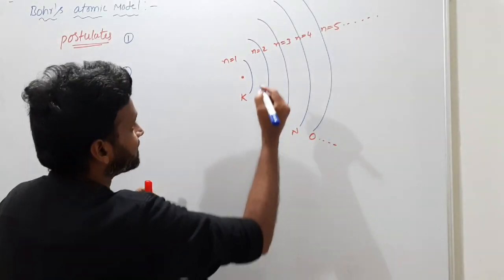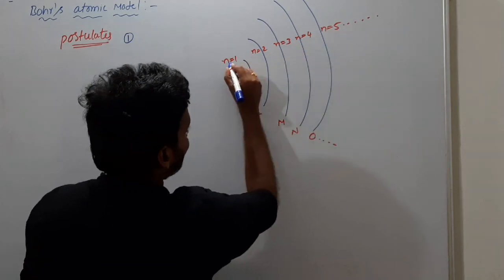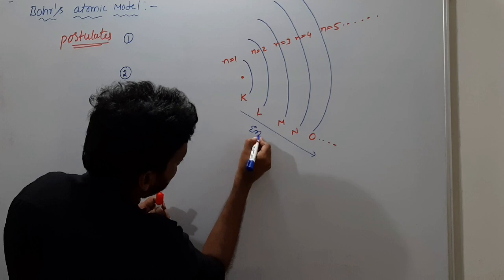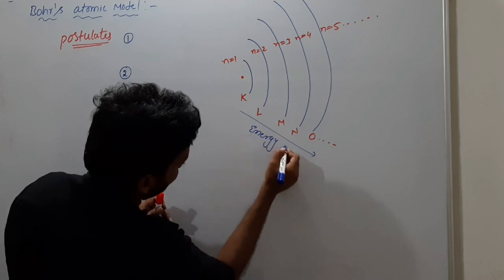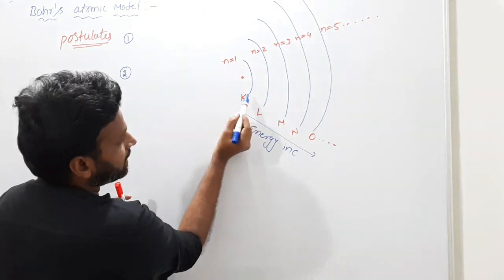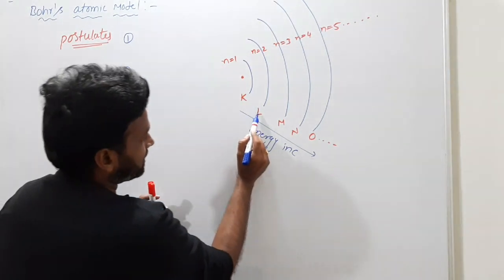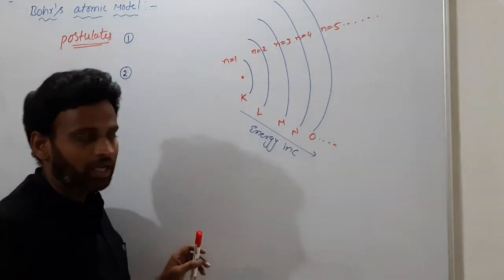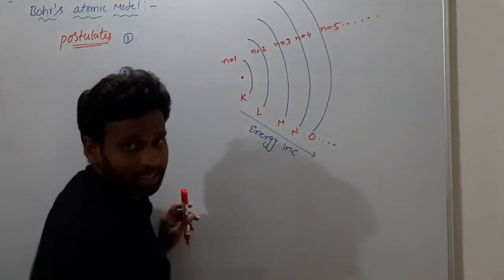As this quantum number n increases, energy increases. This is the increasing order of energy. K shell is the lowest energy shell, next L shell, M shell, N shell, O shell, and next P, Q, R, S, like that.